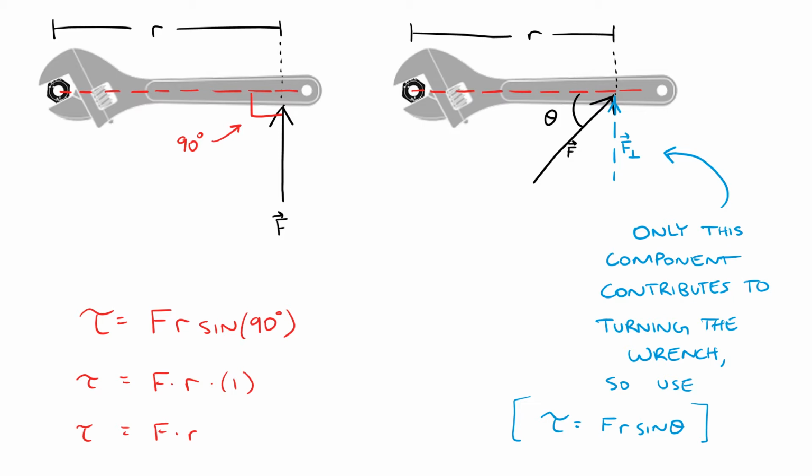And that's why we're going to use the sine. If we have a 90-degree angle here, the sine of 90 degrees is just 1. And that means we're applying a maximum amount of force perpendicular to whatever we're trying to twist.